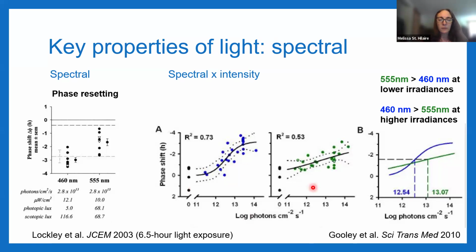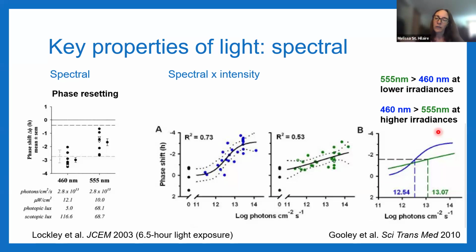What was interesting about these irradiance response curves is that the phase resetting magnitude changed relative to the irradiance. So actually, at lower irradiances, we got a stronger phase resetting response from the longer wavelength light.